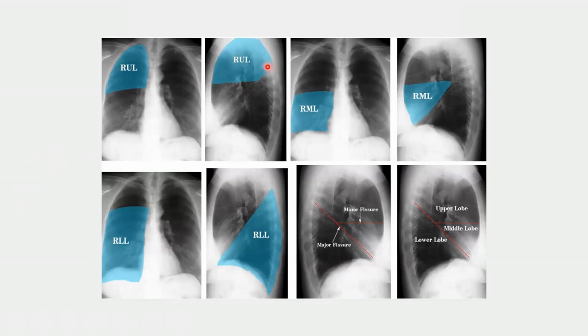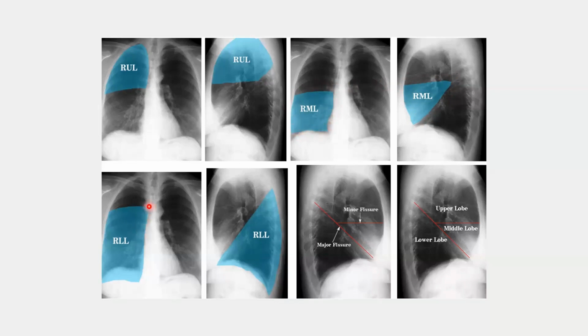And if you look at it laterally, in this region you have the upper lobe, right? And the middle lobe, it's like this. It starts from the posterior region and extends like a triangle, like this. And if you look at the posterior anterior view, you can see this lower part is the right middle lobe.